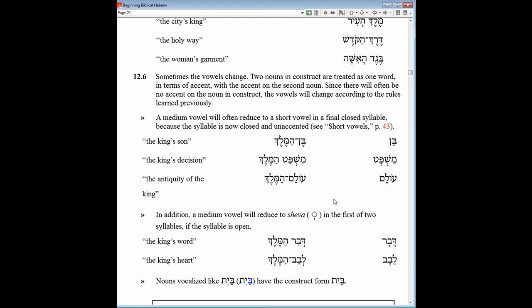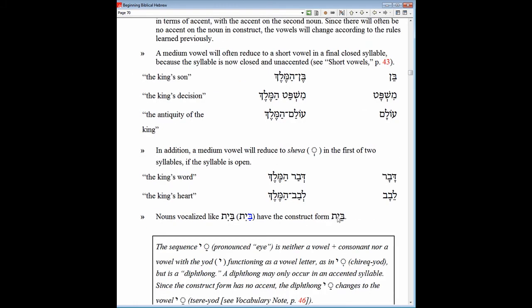I'm thinking construct from the get-go, especially if we have a maqqef. Doesn't matter what the vowels are. You know this is a construct, and you know your vocab. Same thing here. Who cares that we went from mishpat with qamets to mishpat with patach? Two nouns in juxtaposition. Okay. Enough said there.